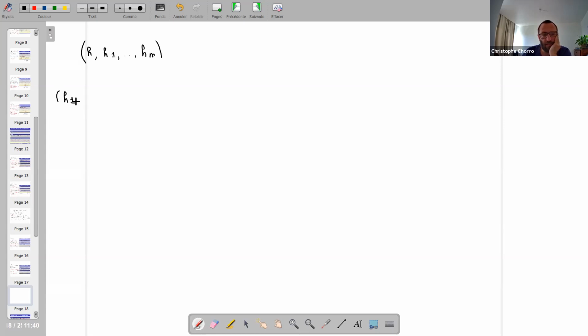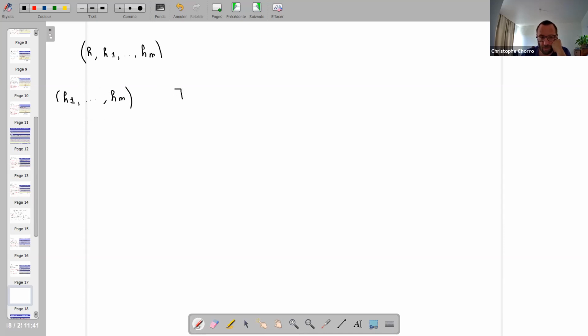Concerning H1, ..., Hn, it's a classical tool of linear algebra, or in fact of Hilbert space theory, a way to transform this family.